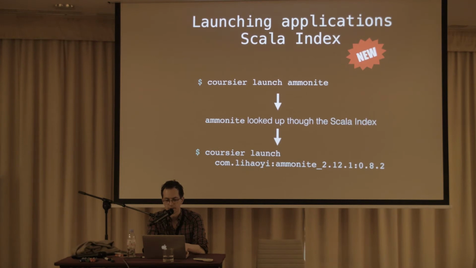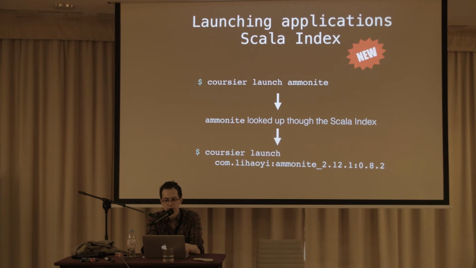There is actually a more straightforward way to do that. It would be more straightforward to use directly the application name, here Ammonite, and be able to just launch that.